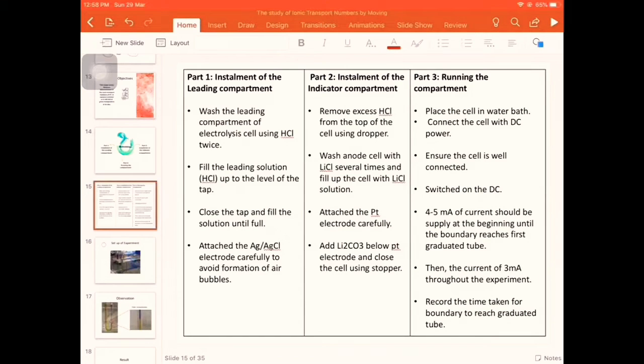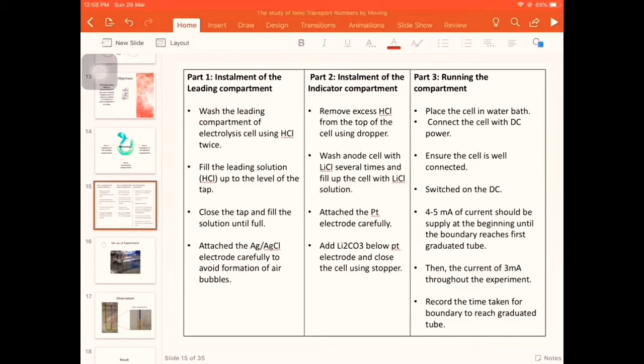As you can read on the screen now, we wash the leading compartment using HCl to ensure that all the unreacted substance is washed away from the experiment.